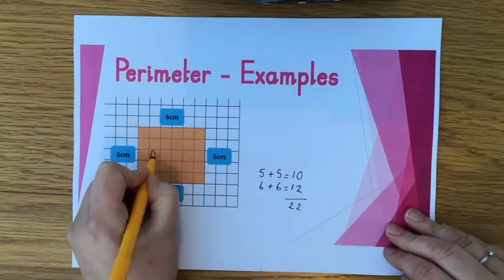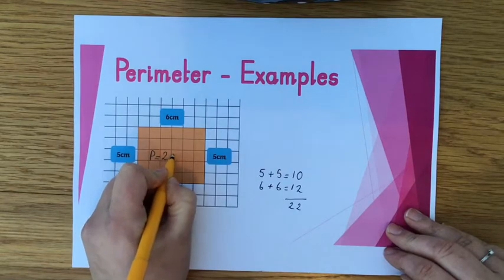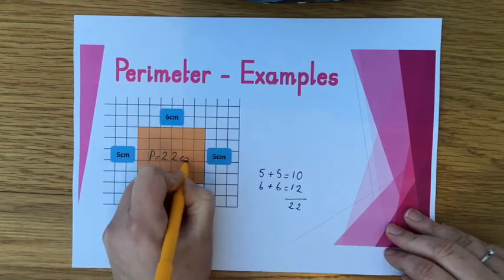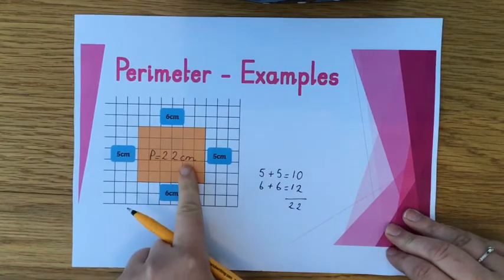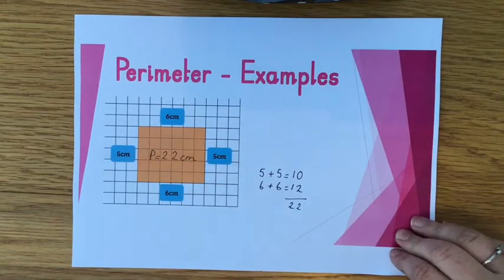So the perimeter of this shape is going to be 22 centimetres. Don't forget to always add your unit of measure on as well. It's very important.